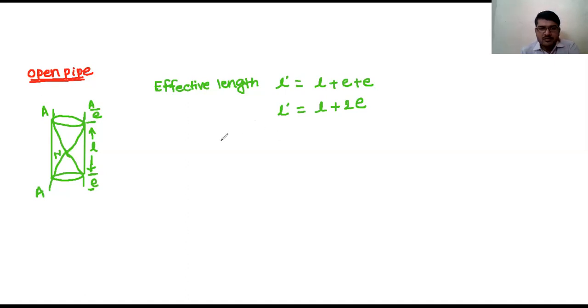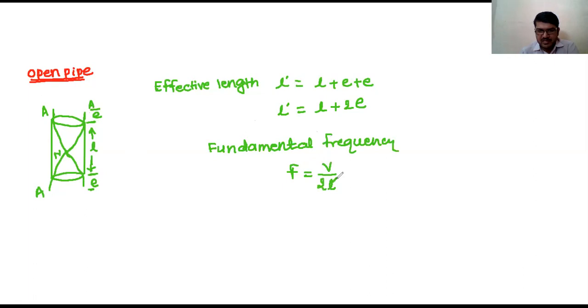If I want now the fundamental frequency in the case of an open pipe, the formula is, generally, lambda by 2. So you know the frequency f is equal to v by 2 into the effective length.